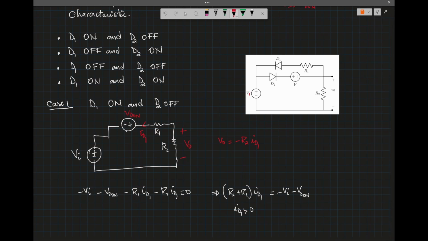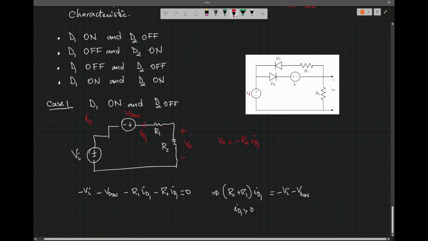So when the diode D1 is on, ID1 is positive. That means negative VI minus VD on is positive. This implies that VI plus VD on is negative. So VI is less than minus VD on.